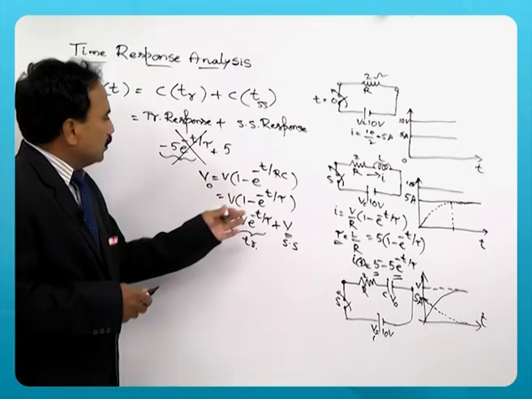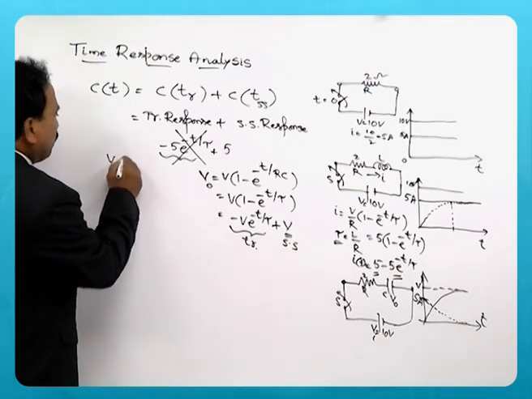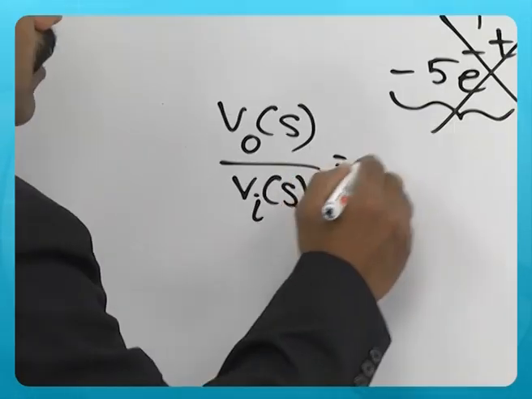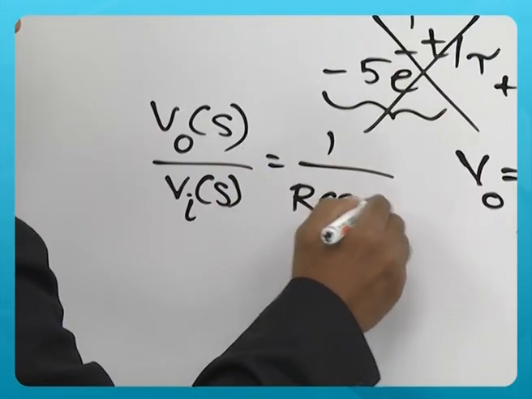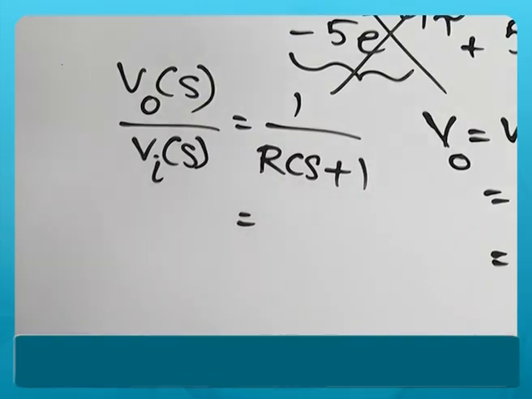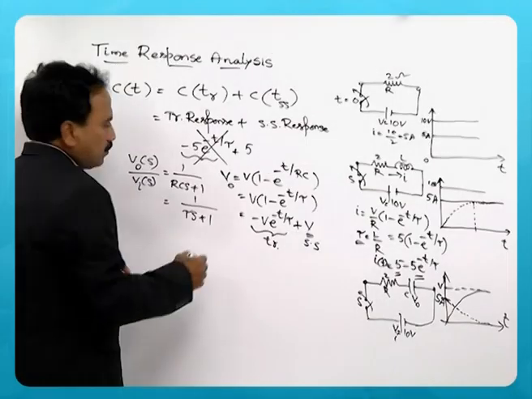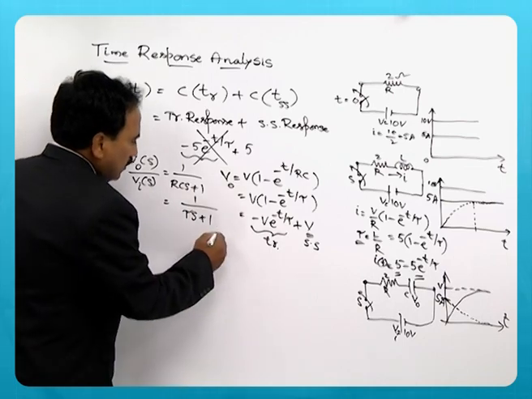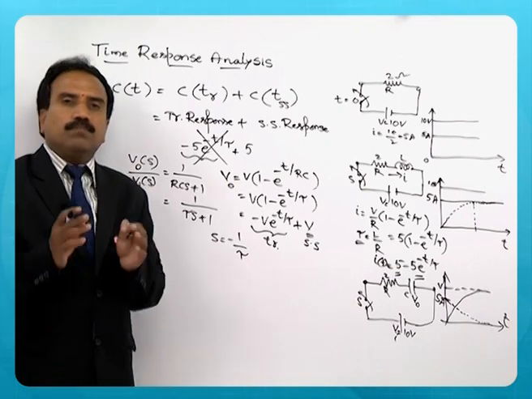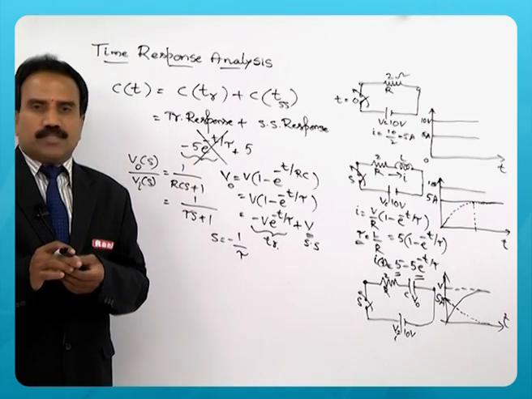If you see the transfer function of this RC circuit, we have discussed in the previous class that V naught of S by Vi of S for this RC circuit is 1 by RCS plus 1, where RC is the time constant, so 1 by tau S plus 1. So, the pole is at S is equal to minus 1 by tau. One pole means first order system. If there are two poles, it is a second order system.